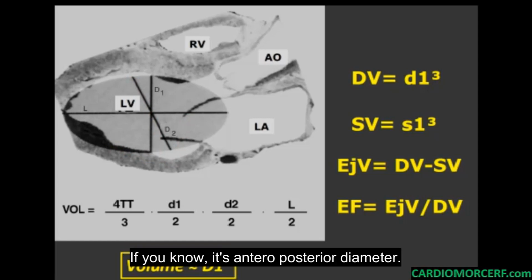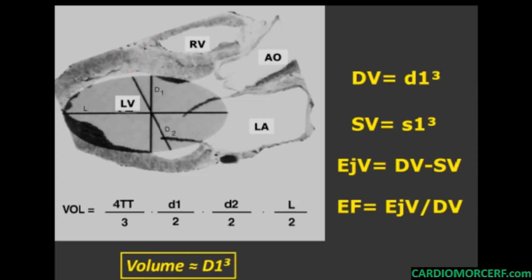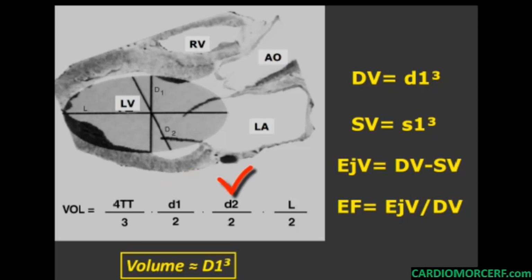so we could measure its volume in a picture like that if we know its anterior-posterior diameter, the so-called short axis of the left ventricle, that we measured by M mode. We should know its lateral medial diameter, since it equals the anterior-posterior diameter as it rotates in space. Then, if we know D1 here, we know also D2.